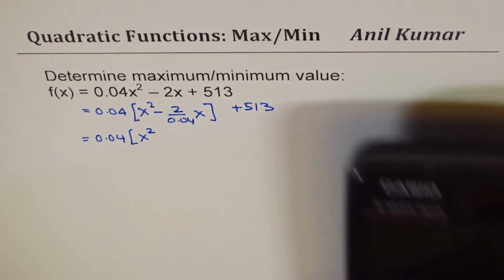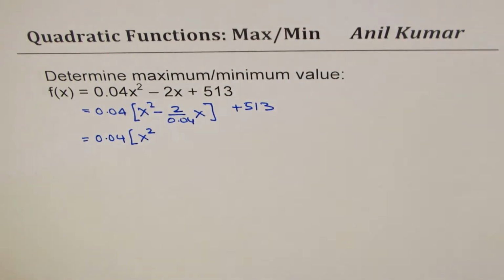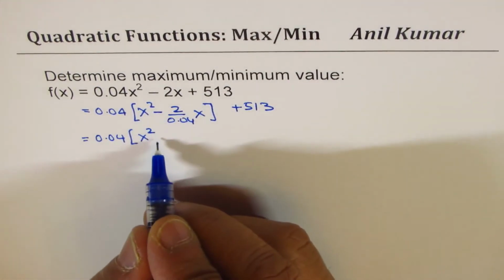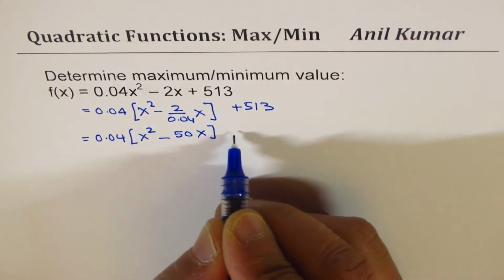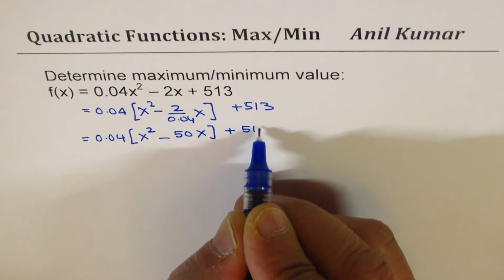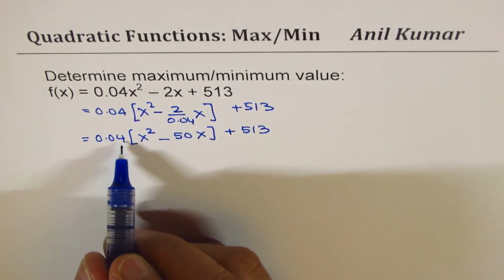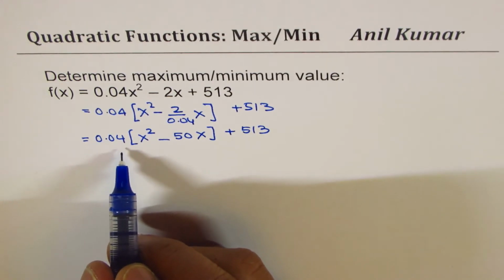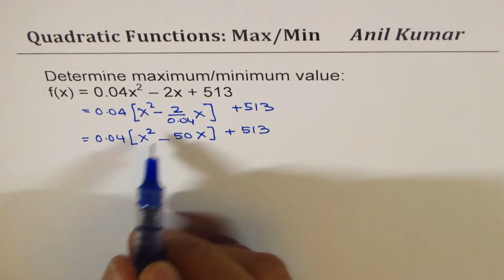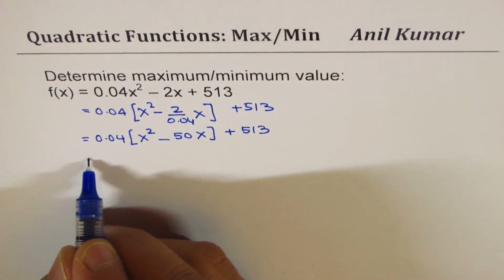So 2 divided by 0.04 gives us 50. So it becomes minus 50x plus 513, correct? Now, see, 0.04 could be written as 4 over 100, correct? 4 over 100, and then it is 2 over 50, so 50 over 2, perfect.